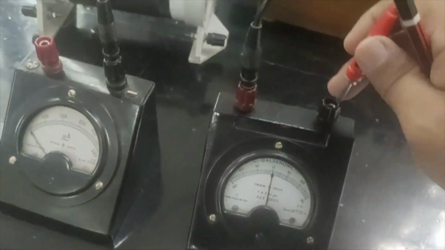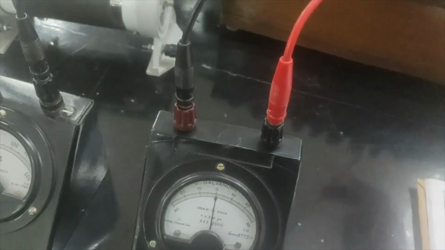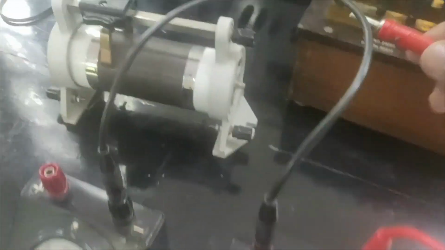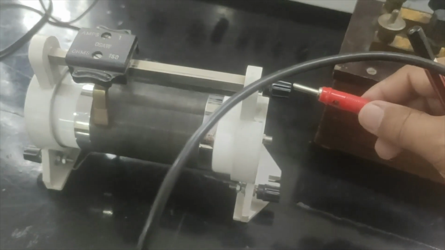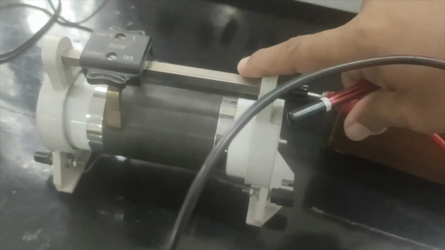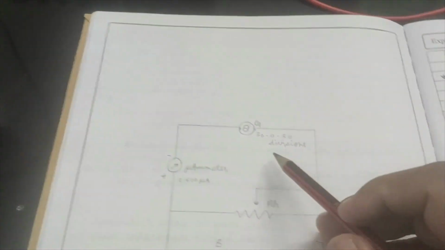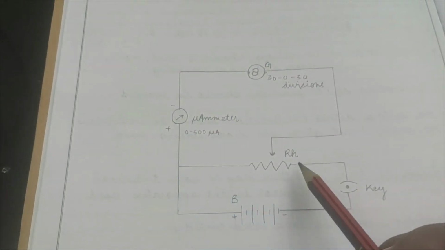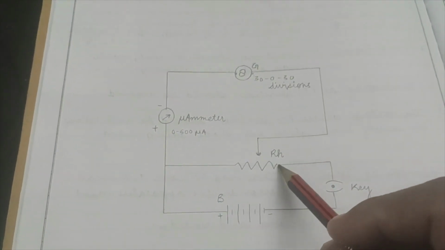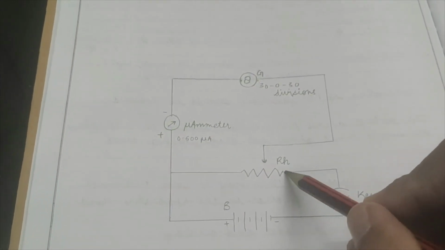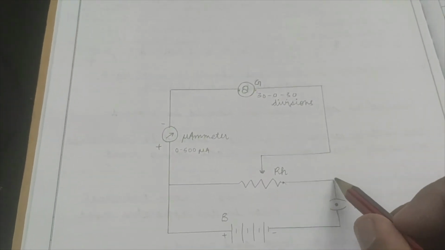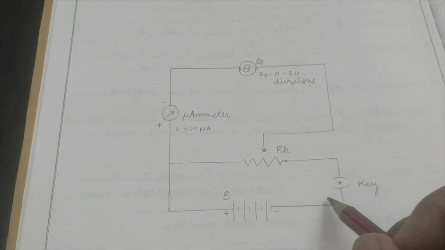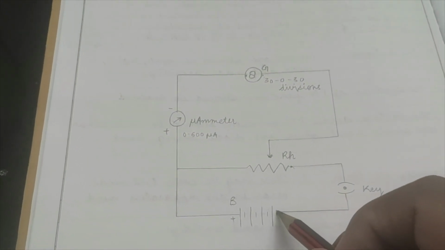The second terminal of the galvanometer I have connected to the upper terminal of this rheostat. So this connection is fine. Now we are left with the below connection, the other part of the rheostat. It's going, you can see, through a key to the negative terminal of the battery.